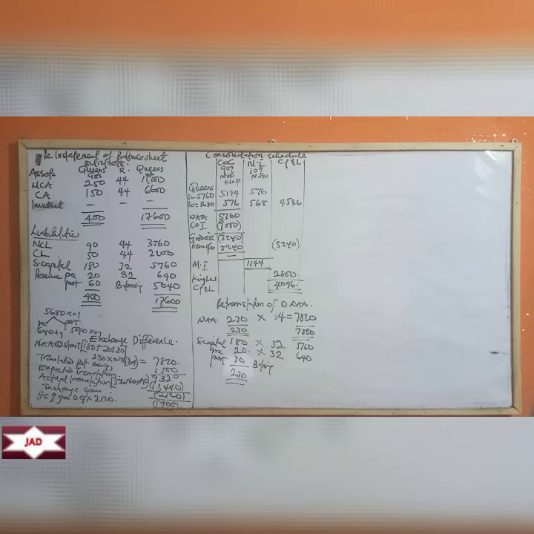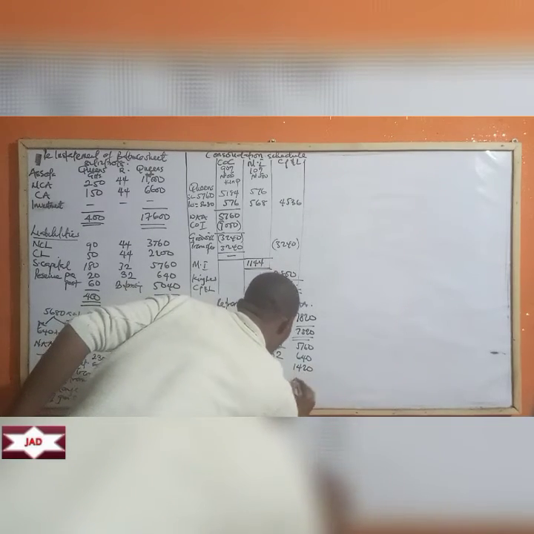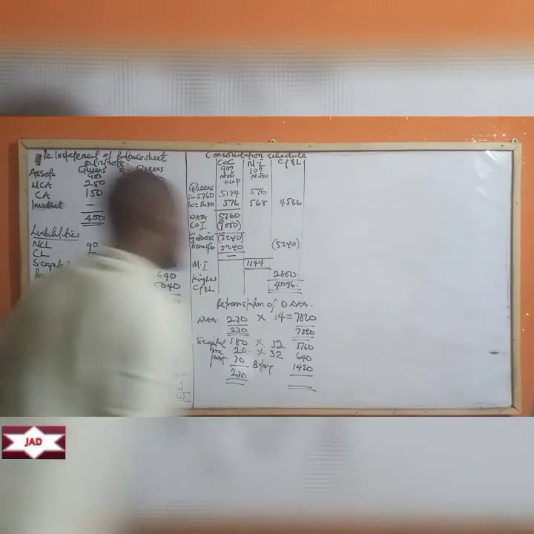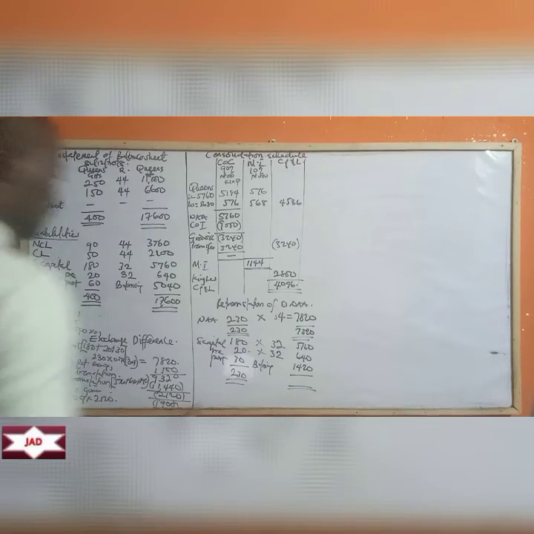So we say 7,820 minus 6,400. That's 1,420. If you add this 5,760, 640, 1,420, that's $7,820.